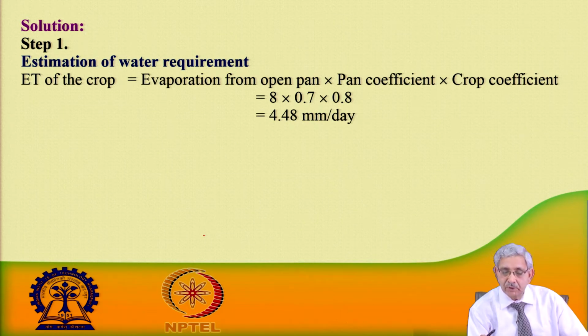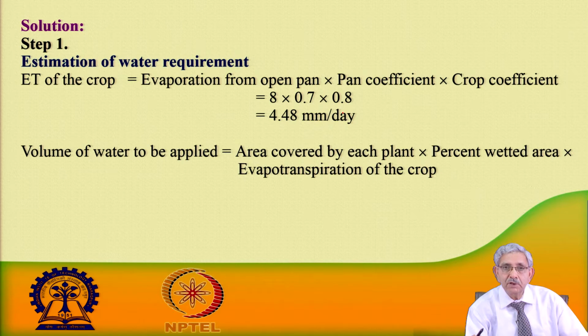We have been given the evaporation from the open pan, that is 8 millimeter, pan coefficient is 0.7 and crop coefficient is 0.8. If we multiply all these parameters, then one can get ETc in millimeter per day.